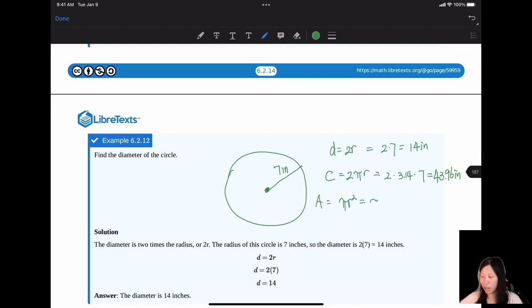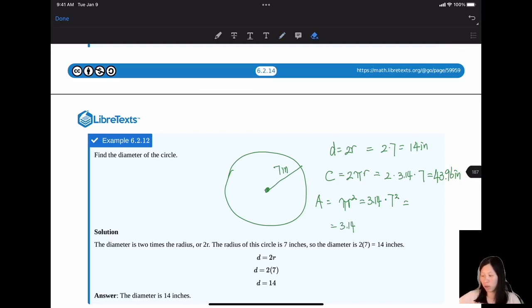So we have pi, 3.14, times r, which is 7 squared. Remember, the square is just squaring the 7, not squaring the 3.14. So when you multiply, you need to follow the order of PEMDAS. That means you do the square first.